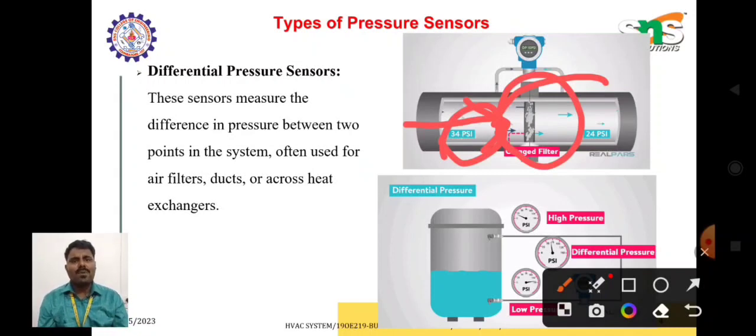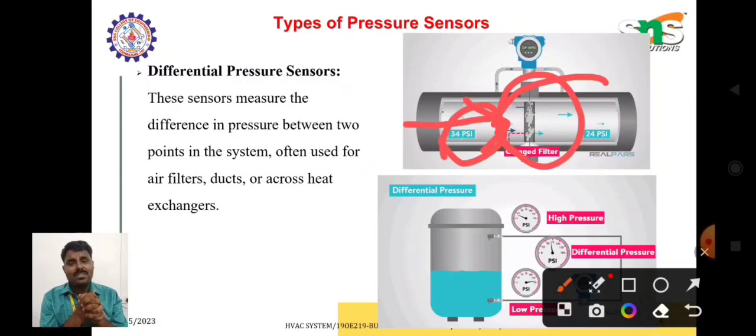With the help of this differential pressure sensor, we are able to measure the pressure before the air filter and after the filter. While comparing, before the filter is 34 psi and after the filter is 24 psi. So the difference is 10 psi.